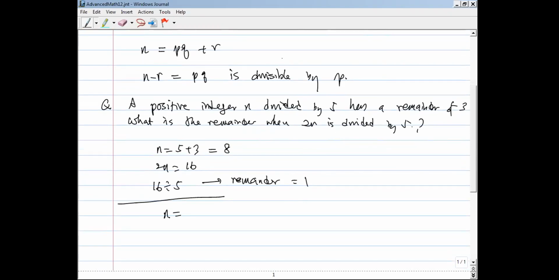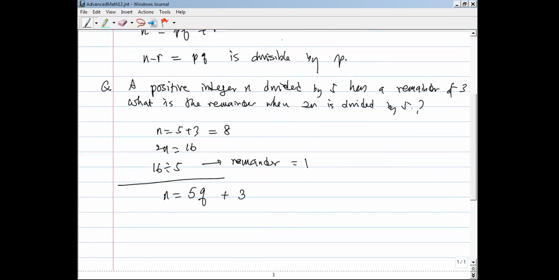n divided by 5 has a remainder of 3. That means n can be written as 5q plus 3. That's the most general form of n. Now you multiply by 2, that's 2n.